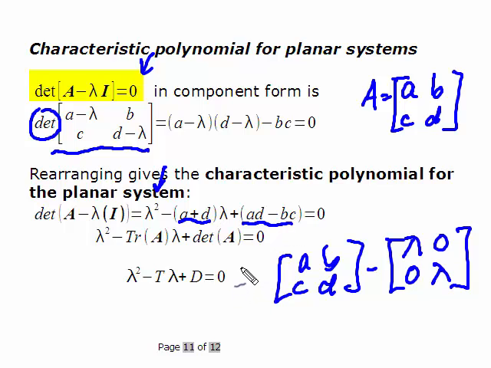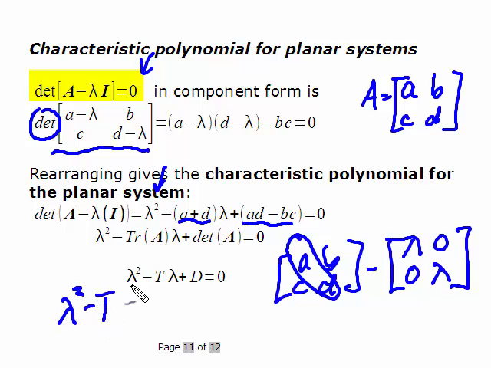This is very important because it leads to a great simplification in writing this characteristic polynomial. A plus D right here is the trace of the matrix A. So this is minus the trace of A. And AD minus BC is obviously the determinant of A itself. So if I write T for trace and D for determinant, here is the characteristic polynomial.